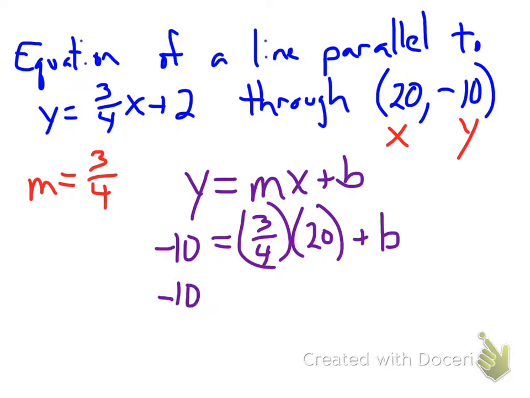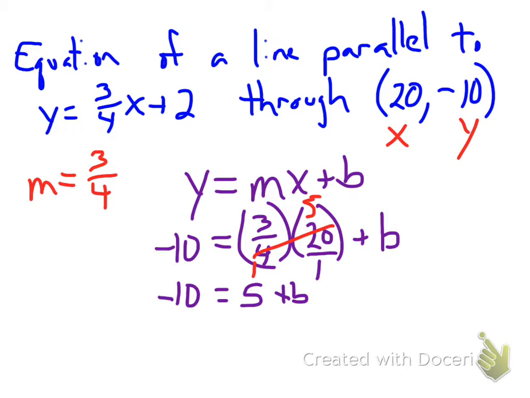I have -10 equals 3/4 times 20. I can make that 20/1 and multiply those fractions. Thinking of giant ones, I can divide the 20 and the 4 and simplify that down to 5/1. So 3/4 of 20 is going to equal 5, or 5/1.